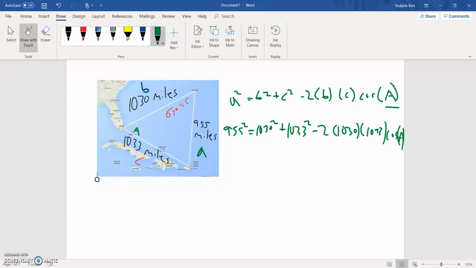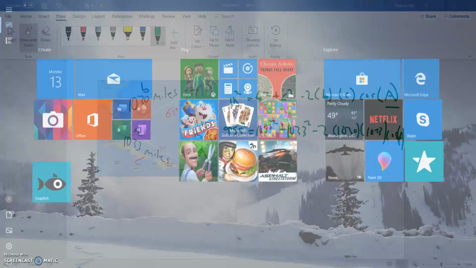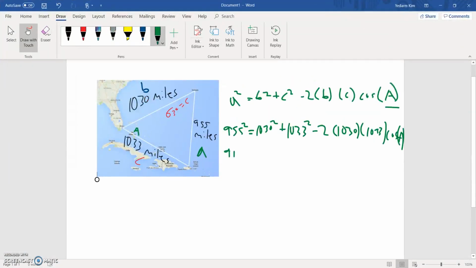955 squared is equivalent to 912,025. And 1030 squared plus 1033 squared is equivalent to 2,127,989.